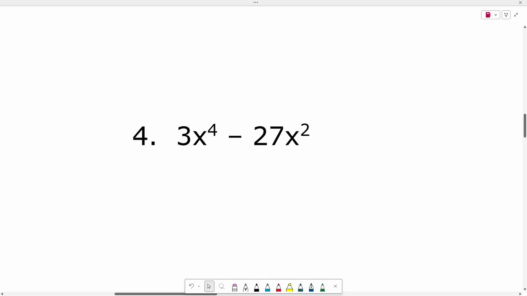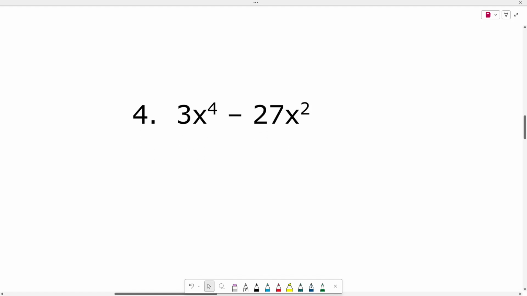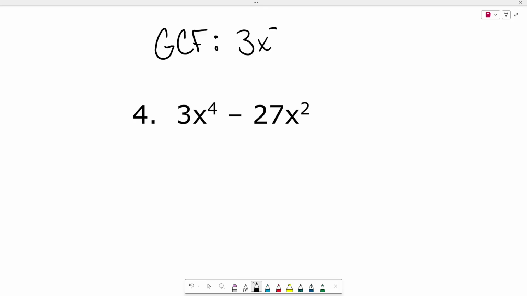Now with this example right here, we have to remember our first thing is always to remove our GCF, the greatest common factor. In this case, it's going to be 3x squared. So when I take 3x squared out, that leaves me with x squared minus 9. Notice the piece that's left over is now a difference of perfect squares.